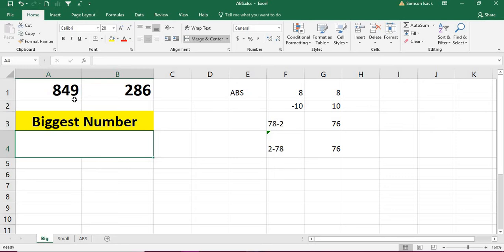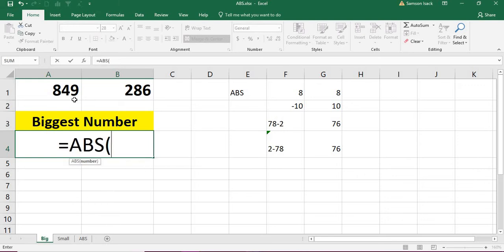How to do that? The formula is ABS of the first number minus the second number, or the second number minus the first number; both of them are going to be the same.